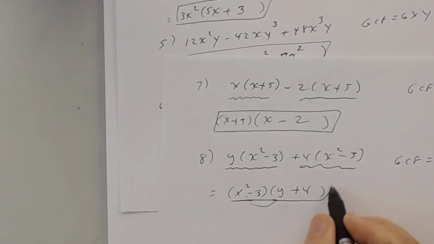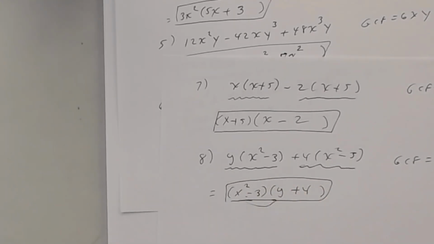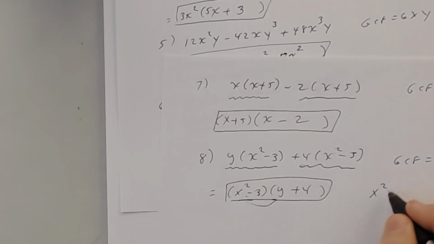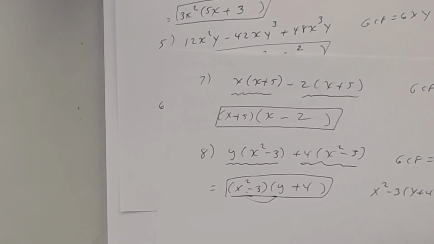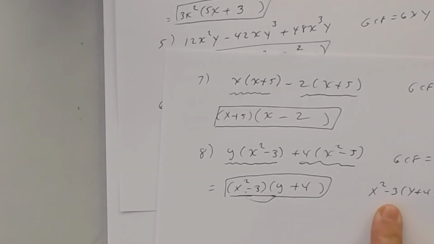So in this one, do we have to put the GCF in parentheses? Yes, because if you did not, mathematically, okay, she's asking, did we have to put the GCF in parentheses? The answer is yes. Because if you didn't, this is what you would write. Mathematically, using the order of operations, what is being multiplied by y plus 4?